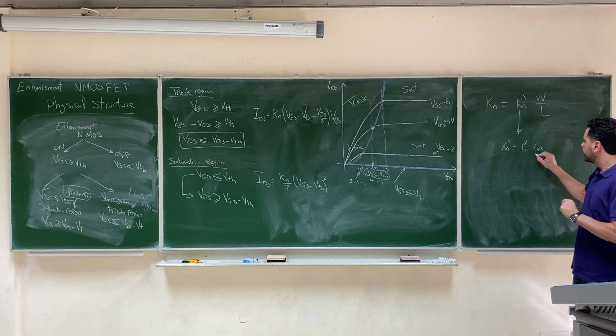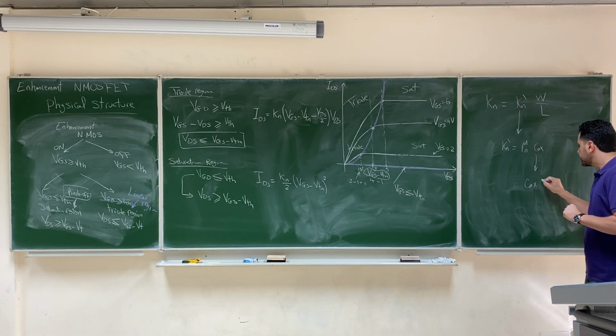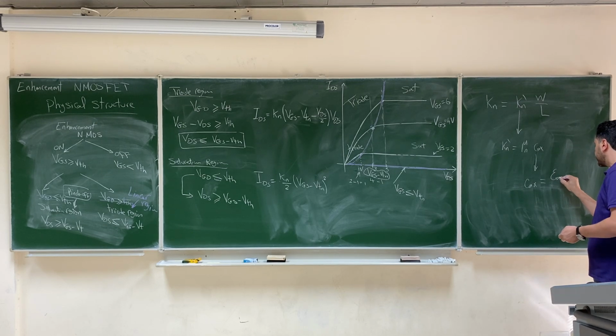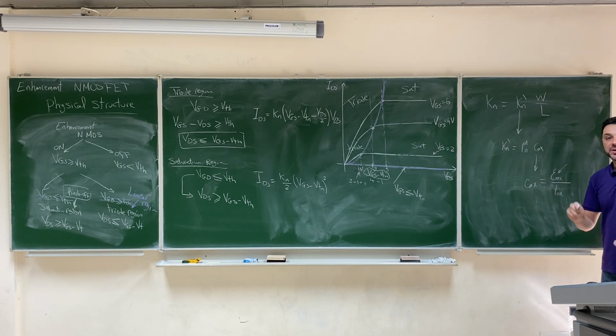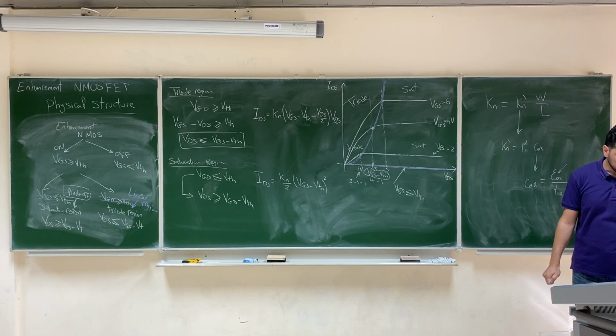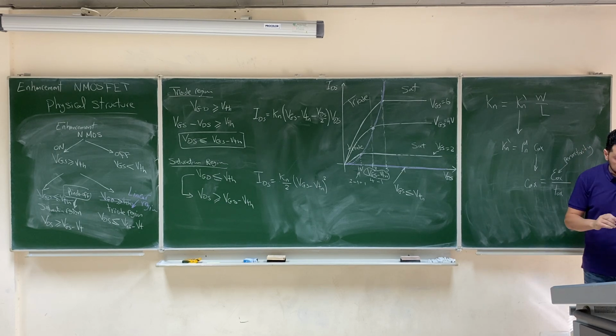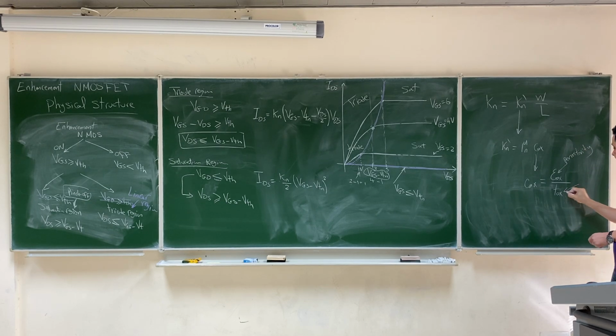So C oxide is defined as epsilon oxide over T oxide. Epsilon oxide is the permittivity of the oxide layer, and T oxide is the thickness of the oxide layer.